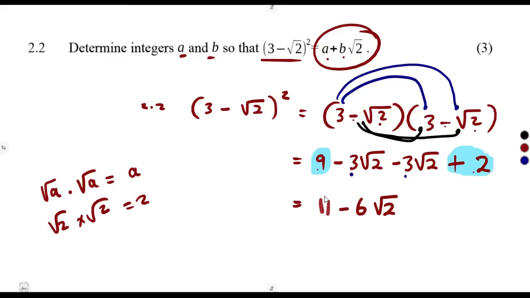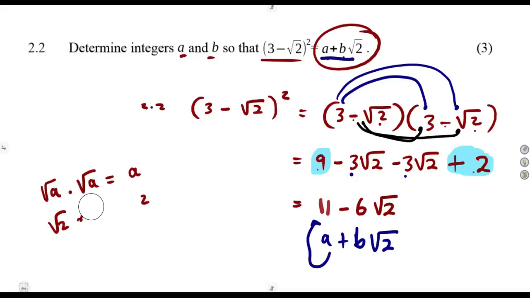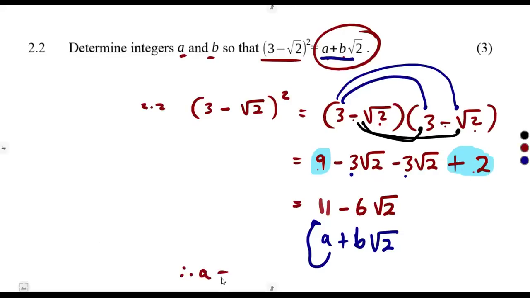So this is it, guys. If this was being simplified, this is our answer. This is what you're supposed to get. They gave us a presentation of this answer to say it is supposed to be written in this format, a plus b square root of 2. Is it the same format? Yes. So what is our a? Our a is 11.